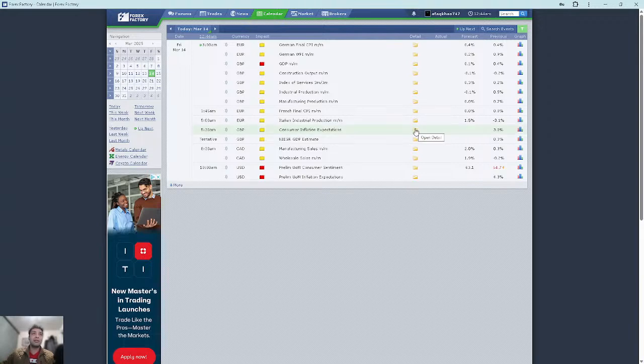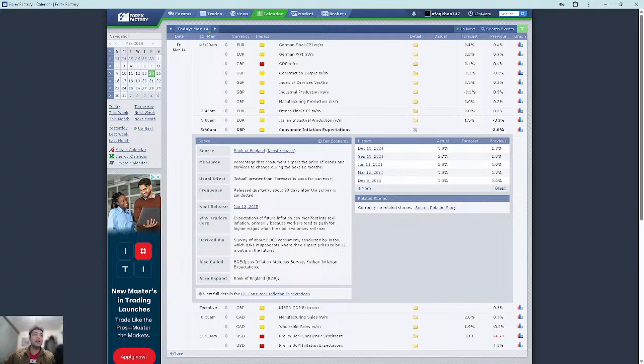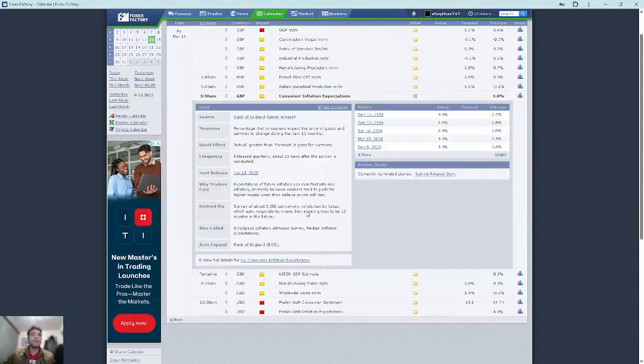Consumer inflation expectation is really important data. That is the percentage that a consumer expects the price of goods and services to change during the next 12 months. The expectation of future inflation can manifest into real inflation, primarily because workers tend to push for higher wages when they believe that prices will rise.